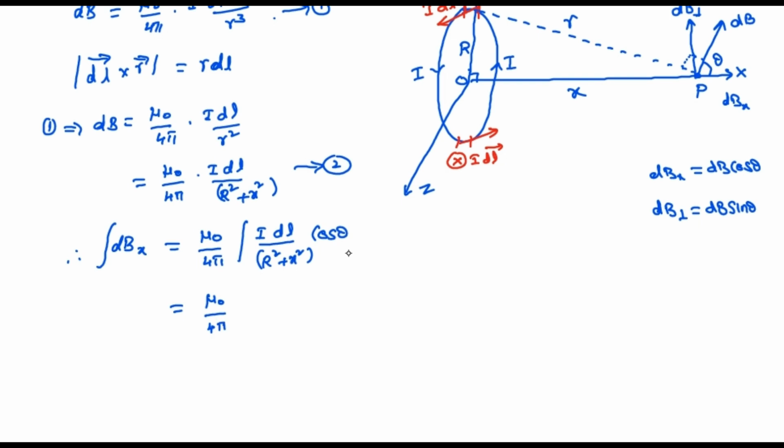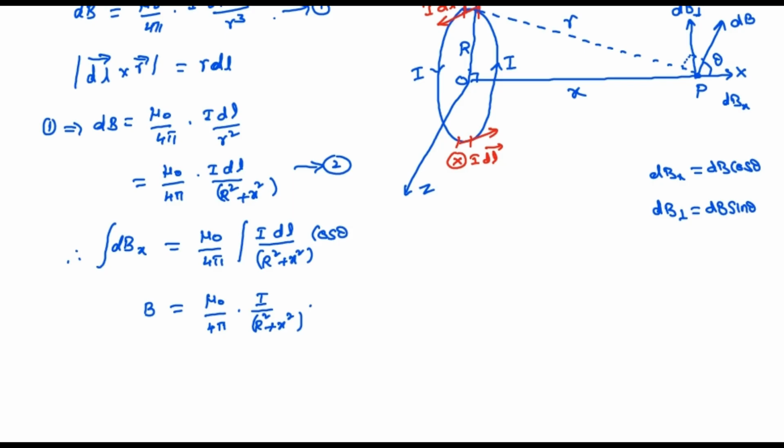This dBx integrated is nothing but we can take simply B, the total magnetic field due to the current carrying loop at distance x from its center on its axis, into I by R square plus x square into cos theta. Cos theta value: if it is theta, then automatically this one will be 90 minus theta.